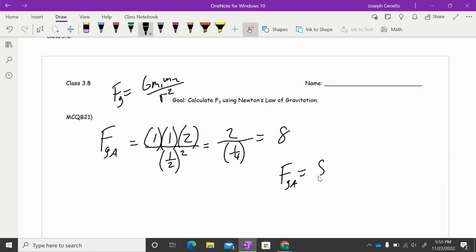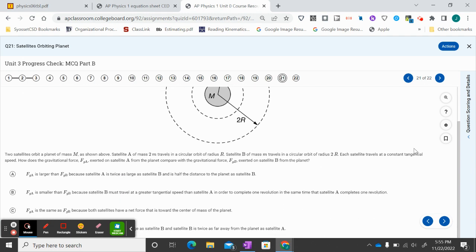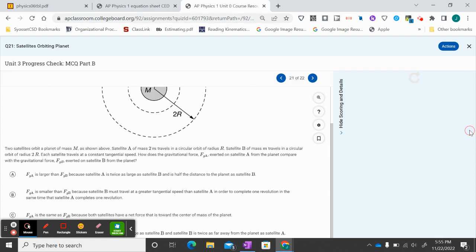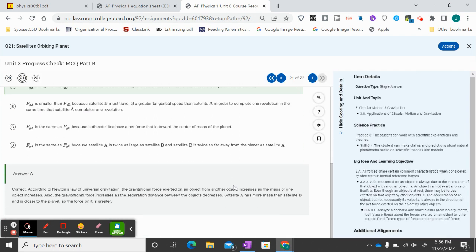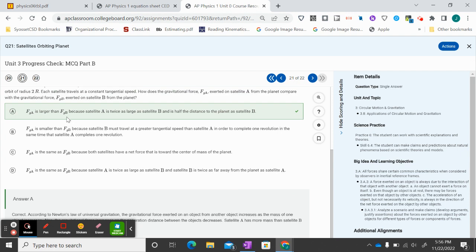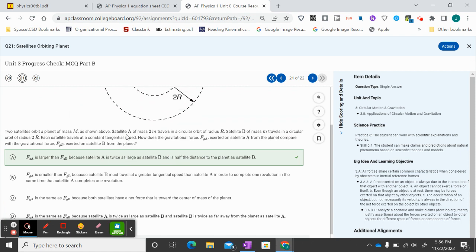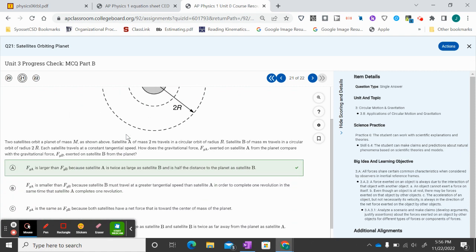FGA equals 8 FGB. Now, we actually did the math here. You don't even have to do the math. FGA is larger because satellite A is twice the mass and half the distance. We showed it's 8 times larger.